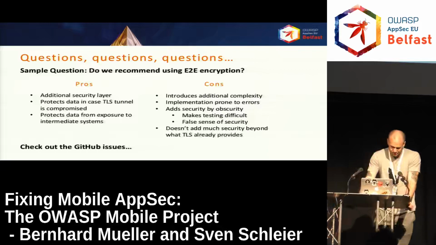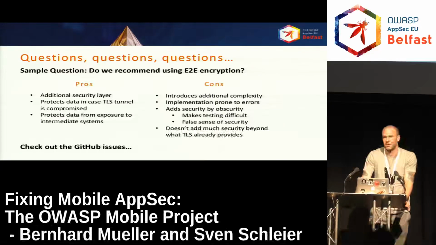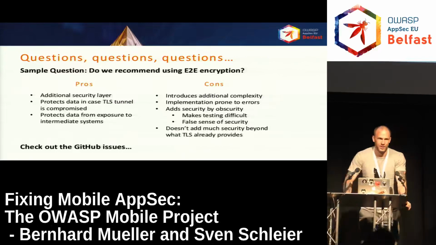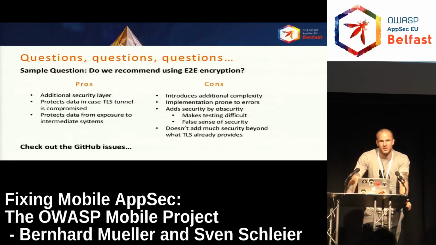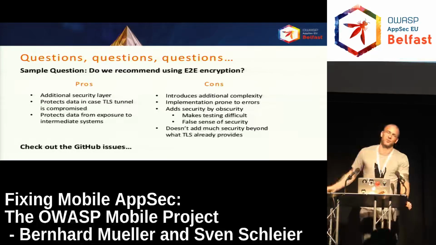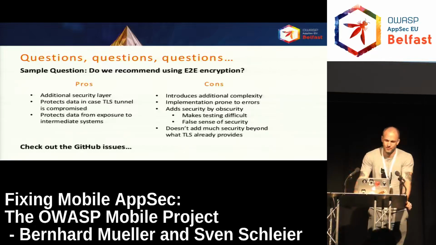And the apparent benefit of this is that you get an additional layer of security. So if TLS breaks for some reason, for example, if a CA is compromised or there's a bug in a standard library, you have another layer of encryption that still protects the data.